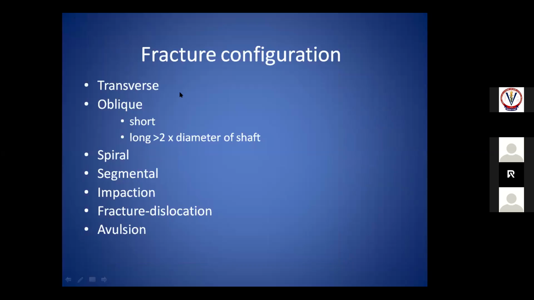Now coming to the direction of the fracture line, how the fracture line travels in a bone. Based on that we can classify the fracture. For example, the first one is the transverse fracture, next is an oblique fracture. In oblique we also have a very short oblique or a long oblique. Long oblique, which we have seen earlier, are also called spiral fractures.